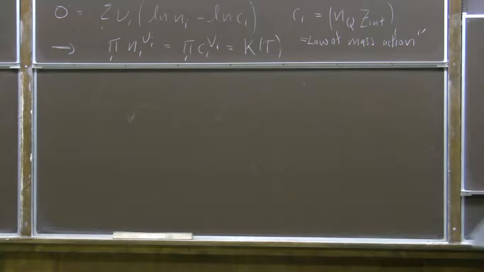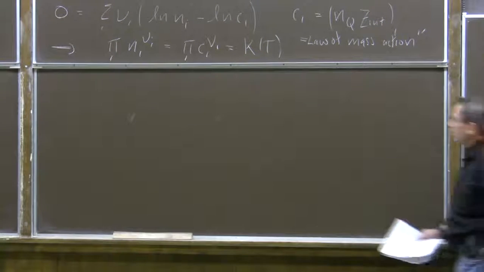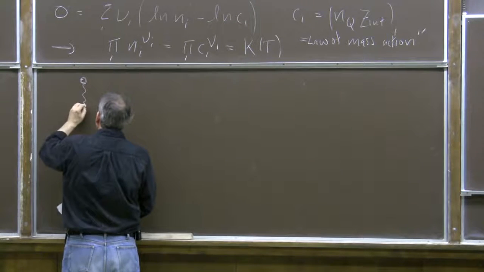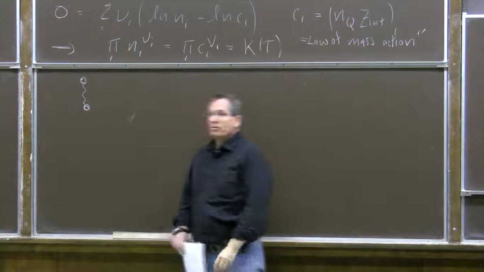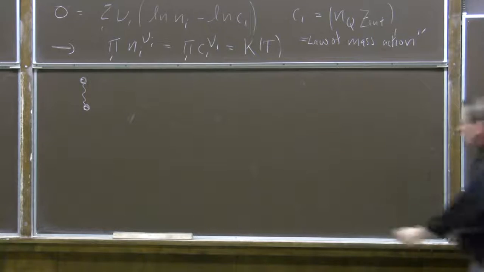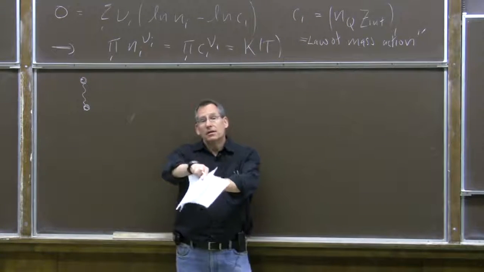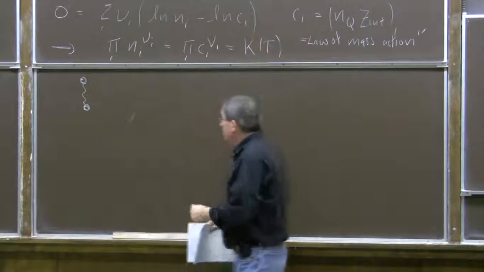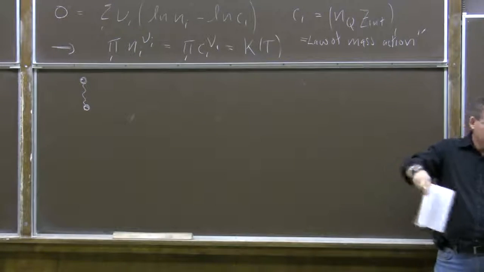So what do I mean by Z vibration, Z rotation? Well, suppose we were talking about a diatomic molecule, which we can think of as two atoms with some interaction between them. So there's some potential that depends on the separation between the atoms, and in that potential the molecule can vibrate.